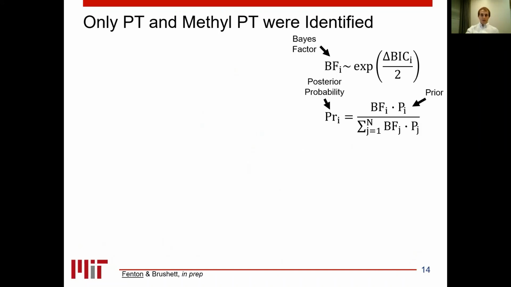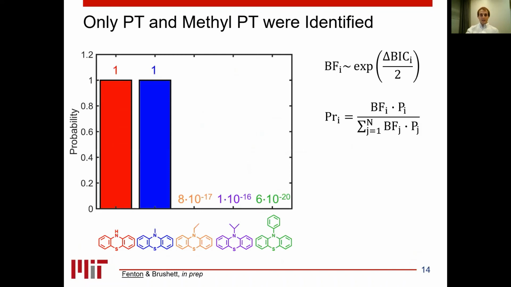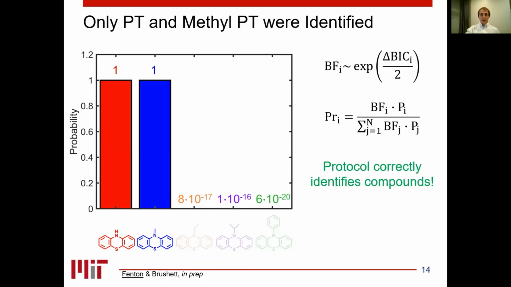And when this calculation is performed for all phenothiazines, we see that unsubstituted and methylphenothiazine have probabilities of approximately 1, while those of the other phenothiazines have probabilities approximately 0, demonstrating that this protocol can correctly identify compounds. And so this is encouraging. This demonstrates that this protocol is capable of quantitatively assessing electrochemical data.